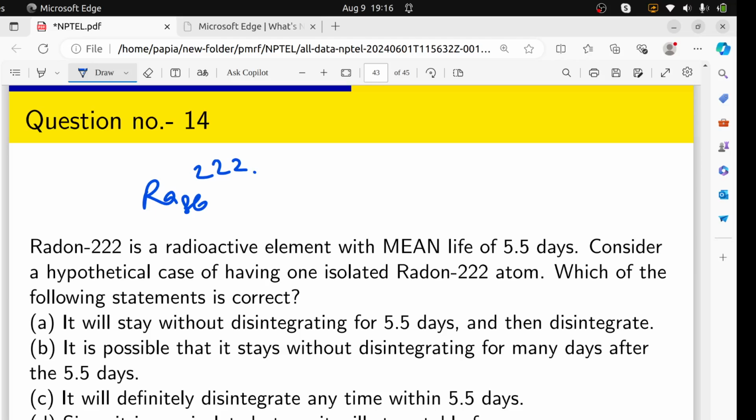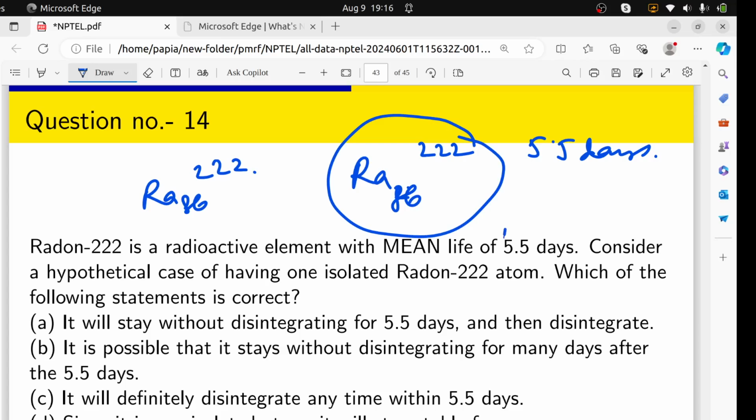Let's say I have a radon 86 222 radioactive element which has a mean life of 5.5 days. I'll tell about what mean life is, but first just see the question. Consider the hypothetical case of having one isolated radon 222 atom. Only one is there, that means N0 is 1.